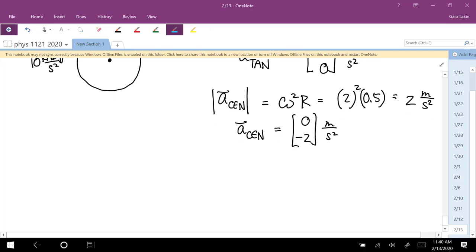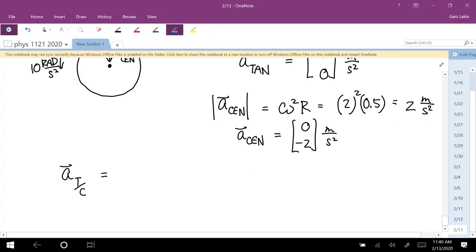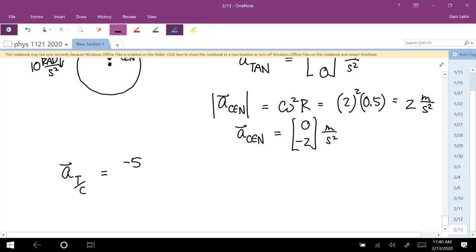And now we can put those together and we get that the acceleration of the top relative to the center, okay, that's the one that we're getting with circular motion, is equal to -5, -2 meters per second squared.